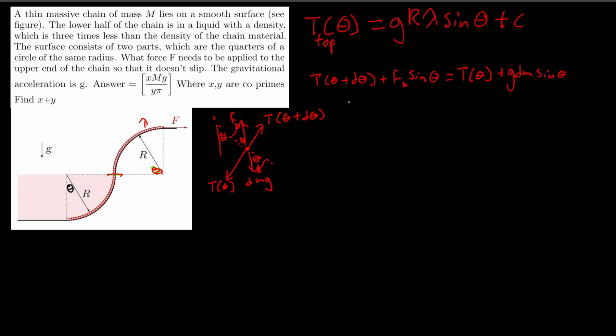So we can write that as saying F_B is equal to 1/3 g dm. Right? So we plug that in.